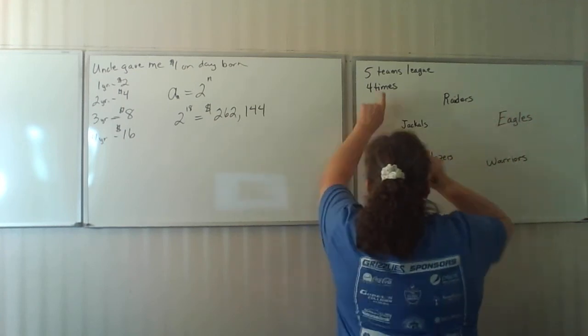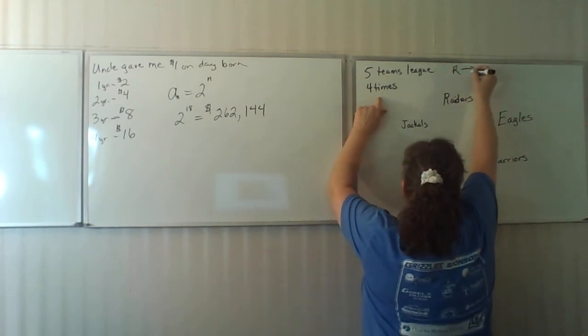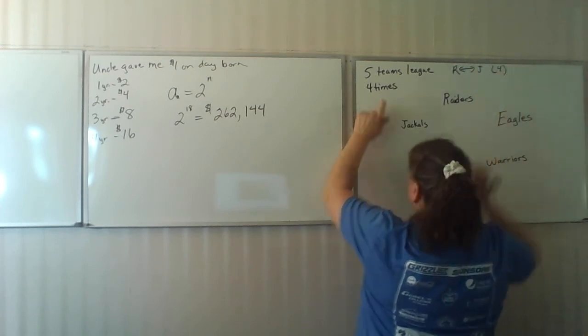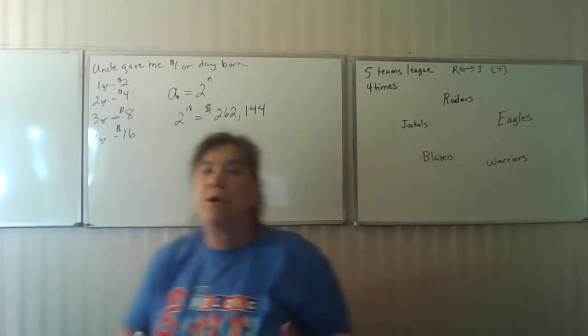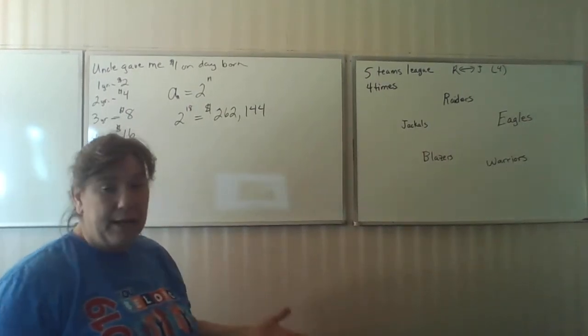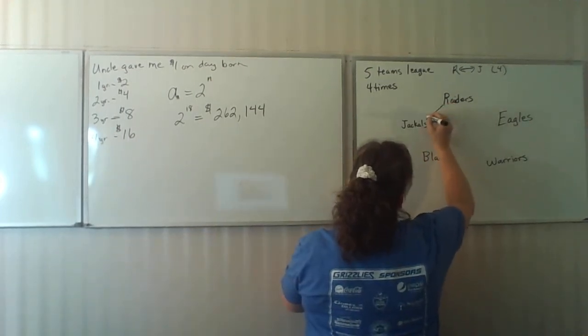Okay, remember, they're going to play each one 4 times. So if I have the Raiders playing the Jackals, this is actually going to happen 4 times. Okay? So we want to know how many arrows, or how many games total it's going to take.